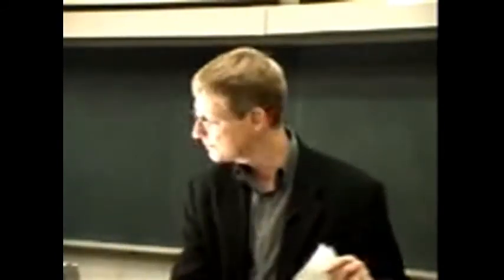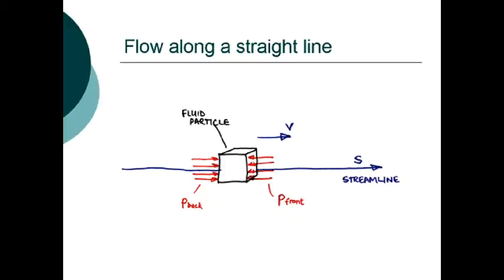Okay, so let's look at a very simple case. Let's imagine we have a streamline, a straight streamline, and we have a fluid particle. Again, I go back to my cube because I'm kind of boring. So here we are, cube.